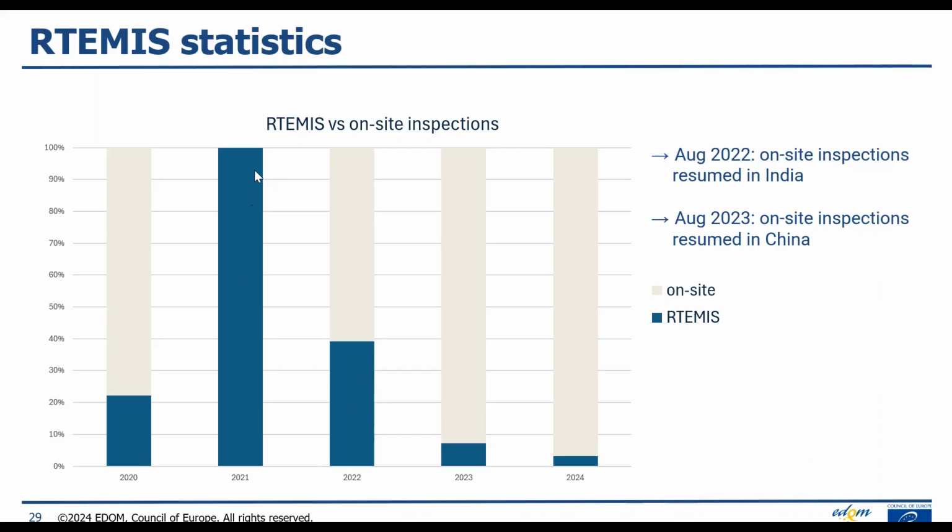Then in 2021, we couldn't travel anywhere, so it was all remote inspections. In 2022, there was a reduced proportion of remote inspections, because on-site inspections actually resumed in India in August. So we went straight back when we could.